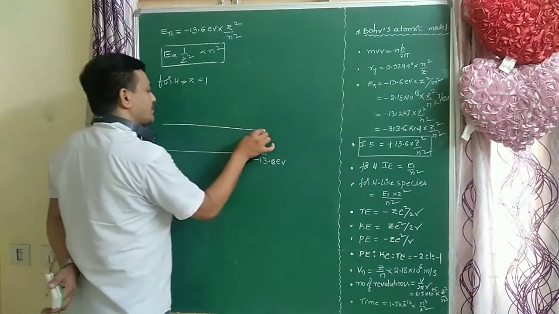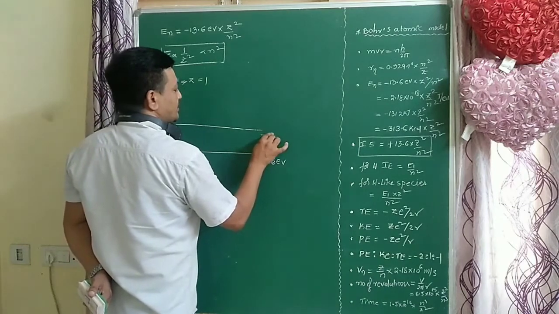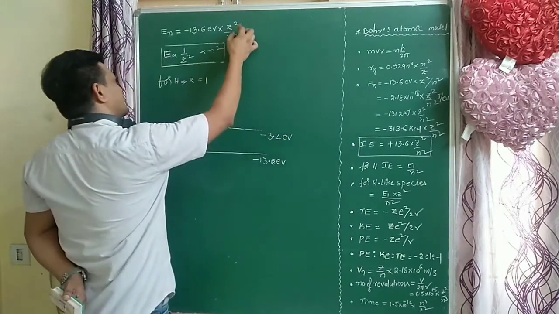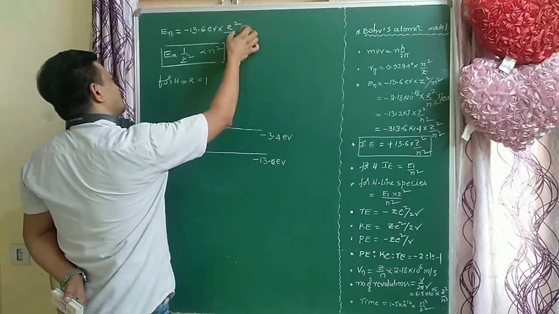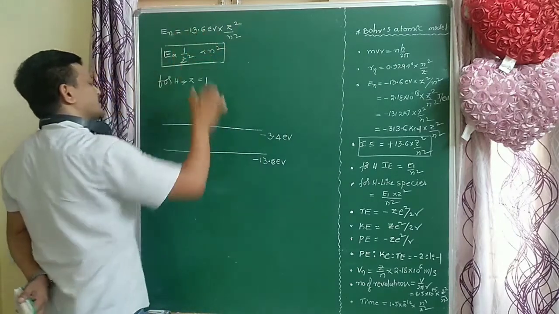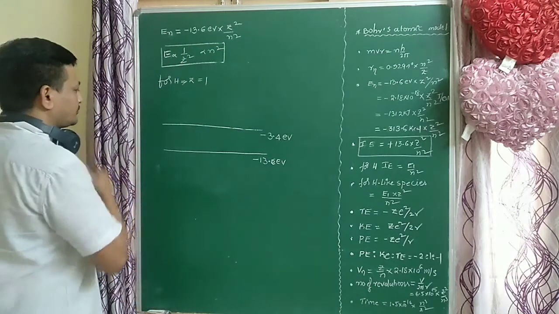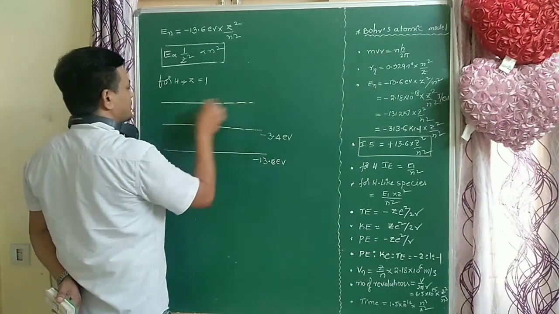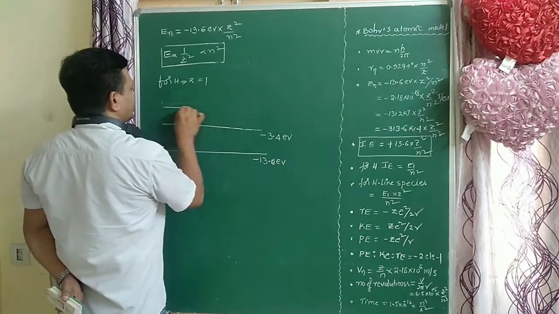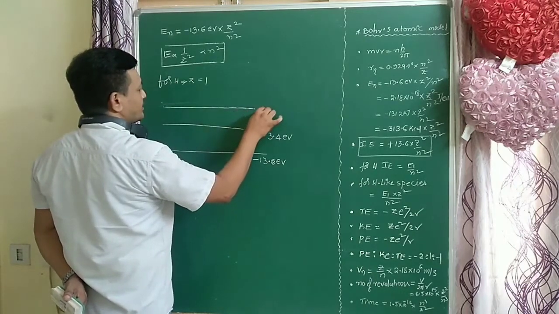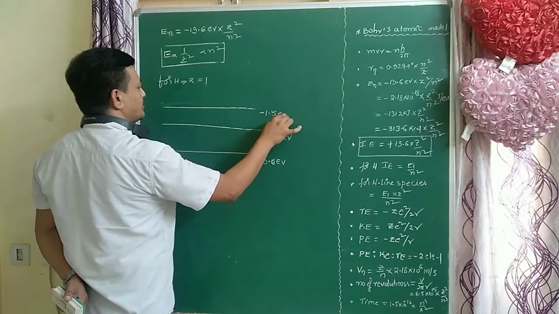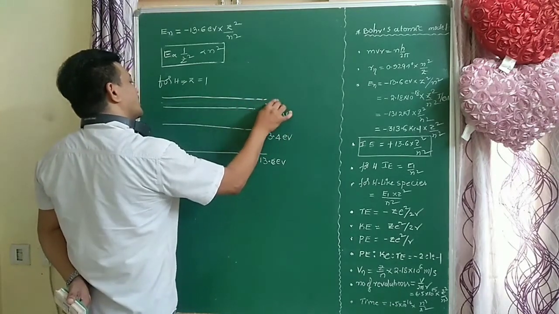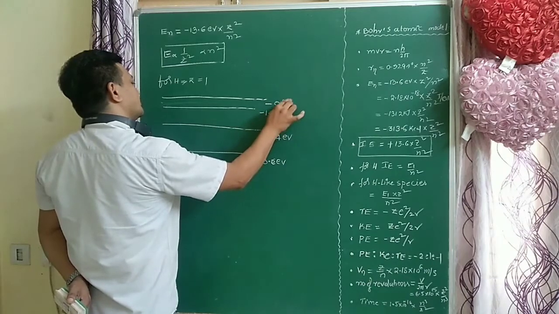And second orbit, minus 3.4 electron volts. Here Z equals 1, n equals 2, 2 square, 13.6 by 4. Next, third orbit energy is minus 1.5 electron volts. For the fourth orbit, energy equals minus 0.85.